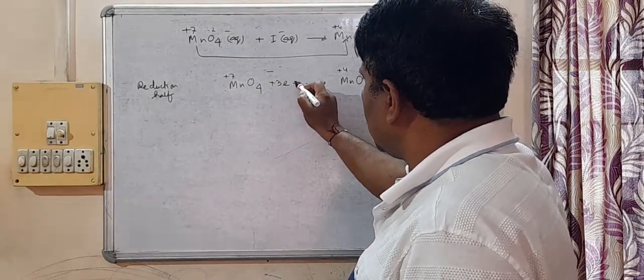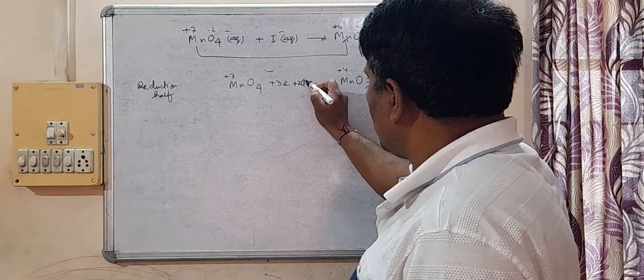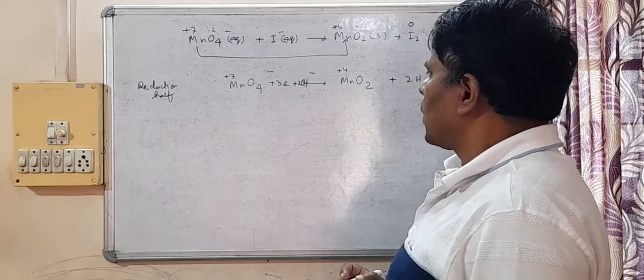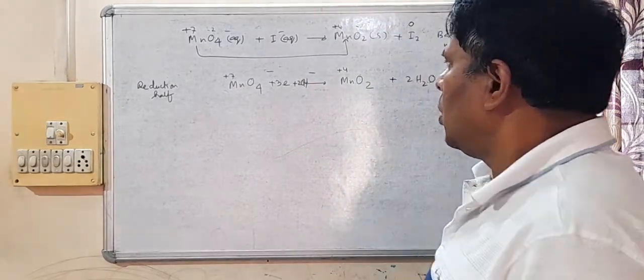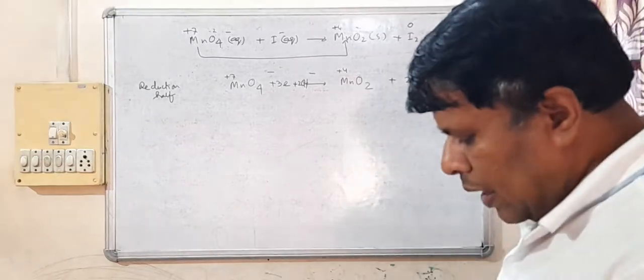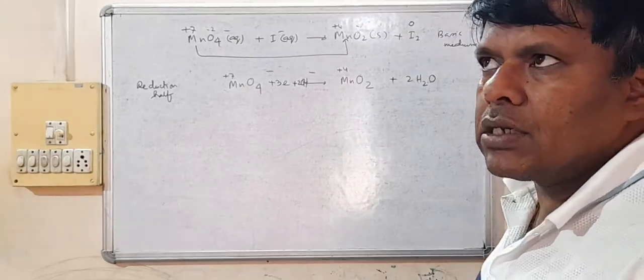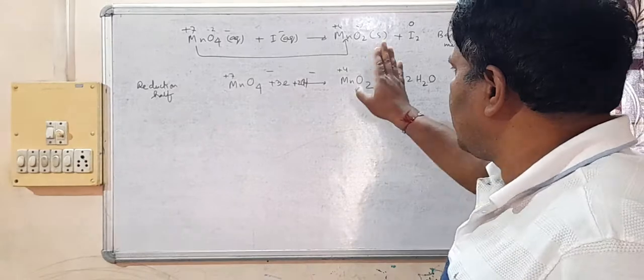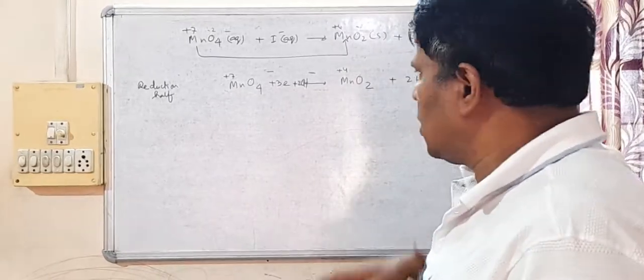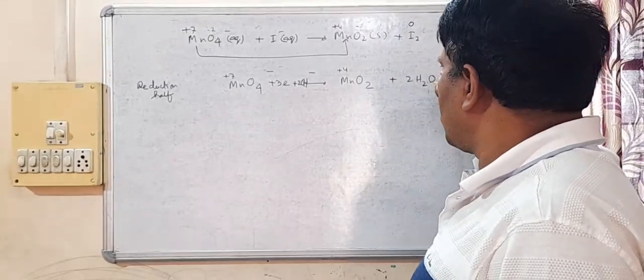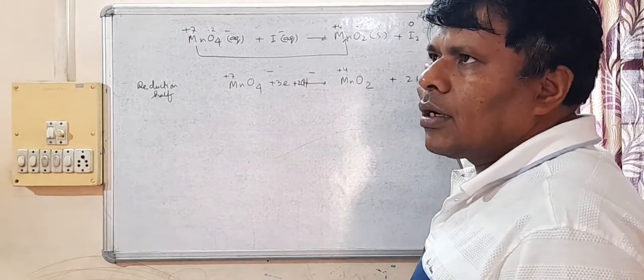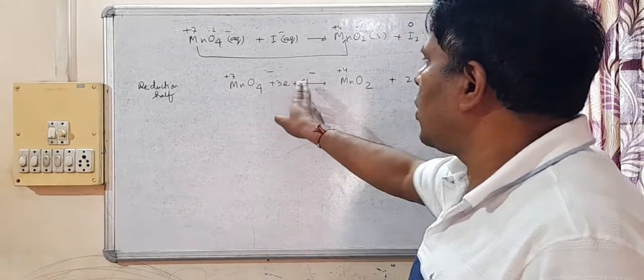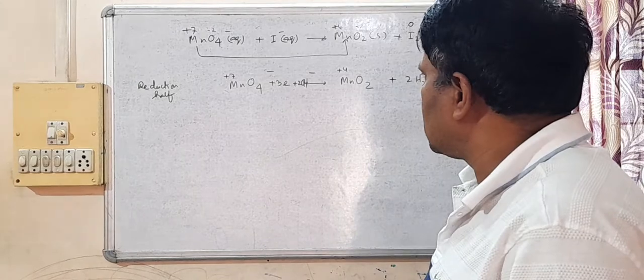Other side we also have to put 2 OH minus. This is the rule for balancing oxygen, as we have discussed in the oxidation number method. Whichever side there is less oxygen, that side we have to put the same number of water molecules, and to the opposite side the same number of hydroxyl ions. This is the rule for balancing oxygen.